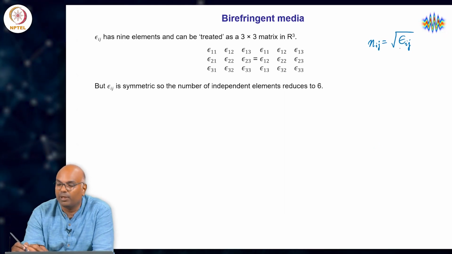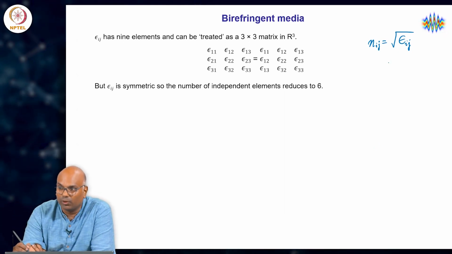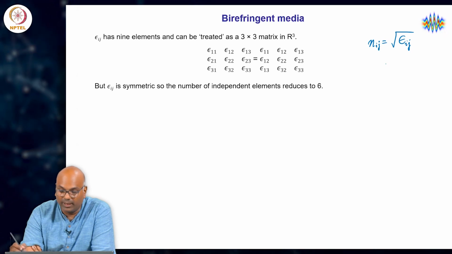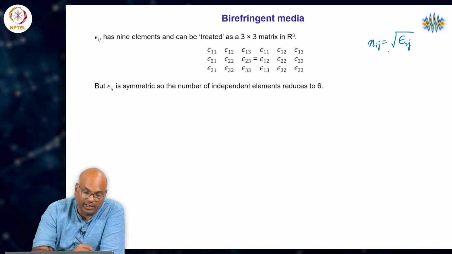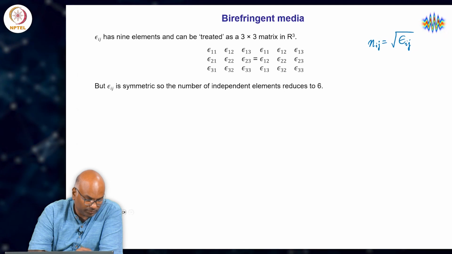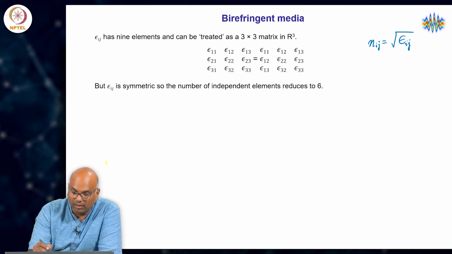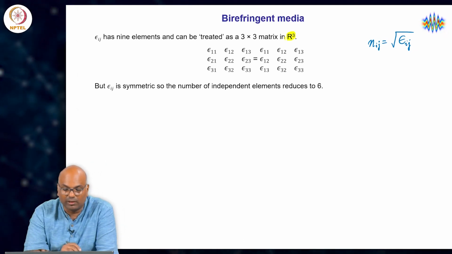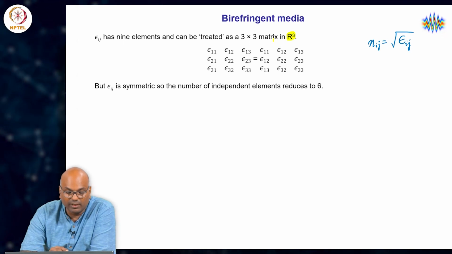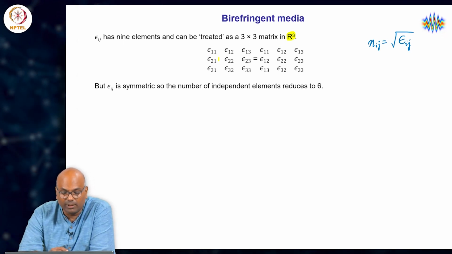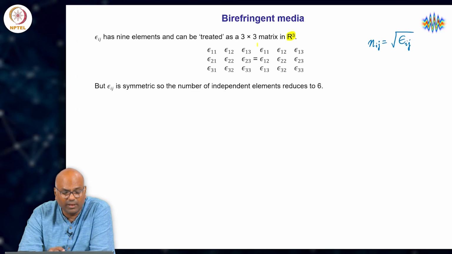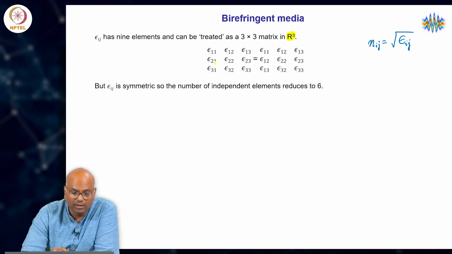You take the element by element square root of the epsilon ij matrix, which is 3 by 3 and entirely real valued. So it is an R3 as we call it. Basically this is a 3 by 3 matrix in real 3 dimensional space.